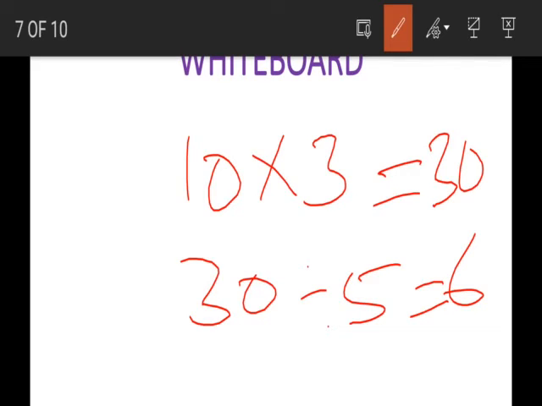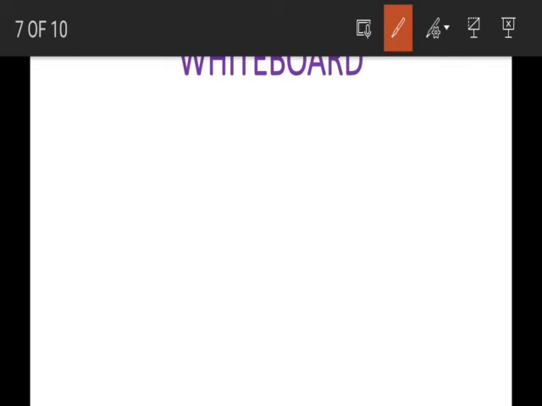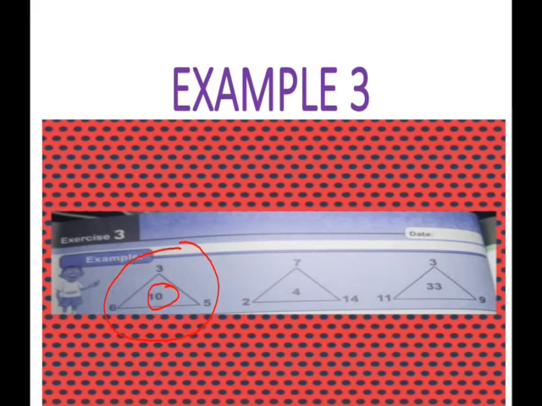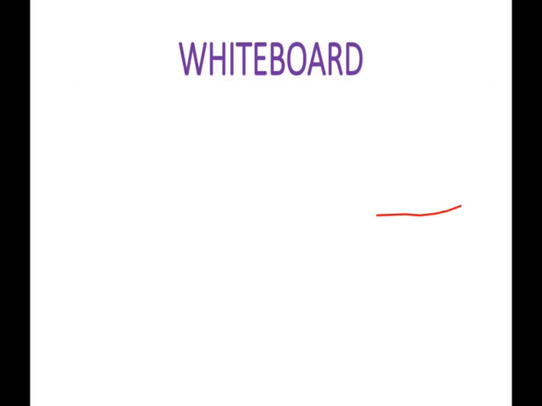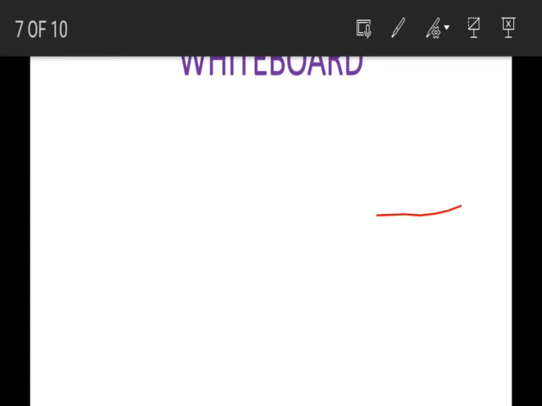And lastly, how can we get our 3? Assuming 3 was not given, how can you get your 3? What you simply do is 6 times 5 is 30.